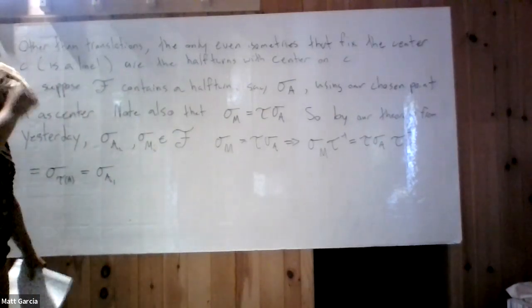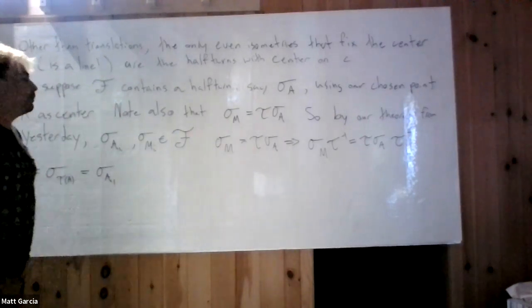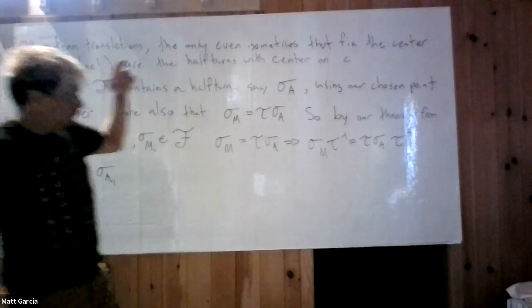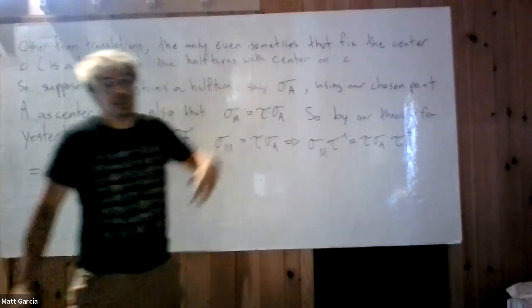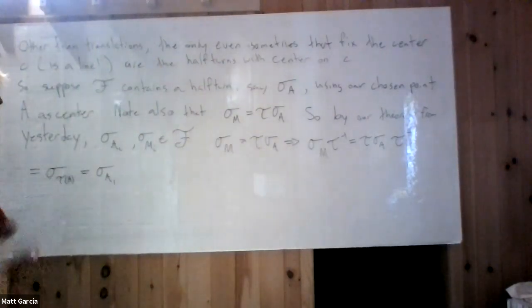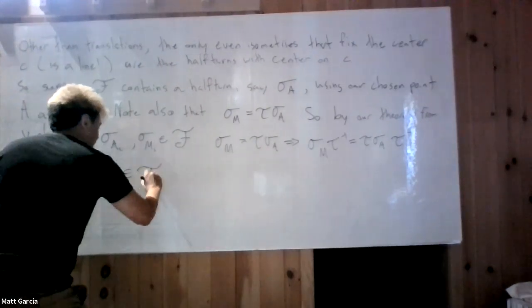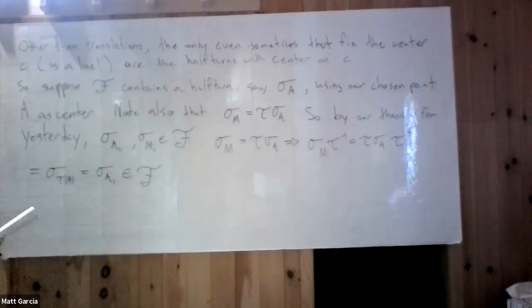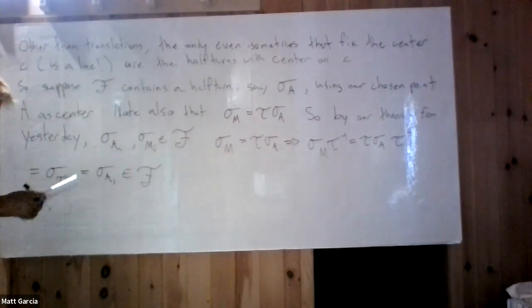So what I'm saying is, remember, what is a point of symmetry? Well, a point of symmetry is the center of a half turn that is a symmetry of some set, right? So now we're saying that this must be in F. So that is to say, A1 is also a point of symmetry of some pattern that has this as its group of symmetries.